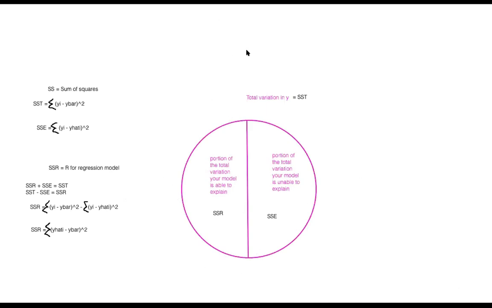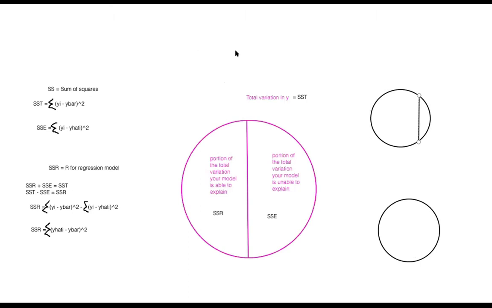So for instance, let's take these two circles. It might be the case that you have something that looks like this.